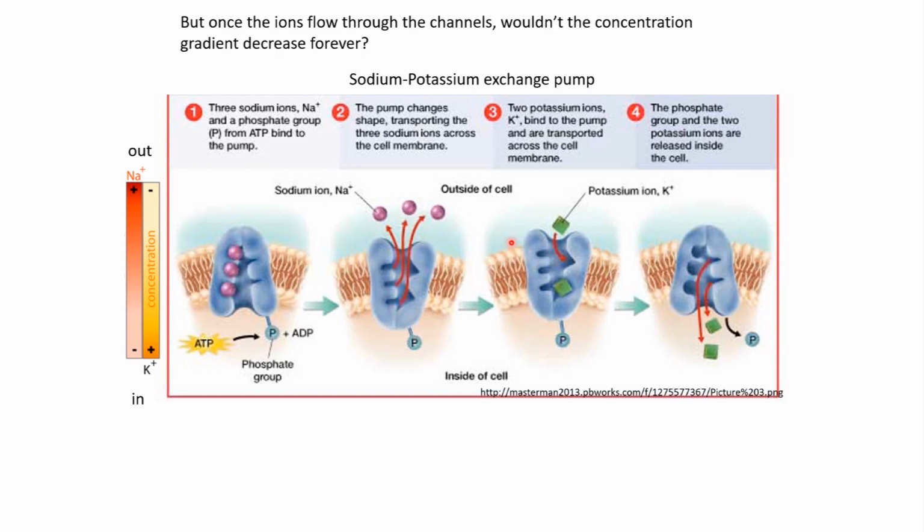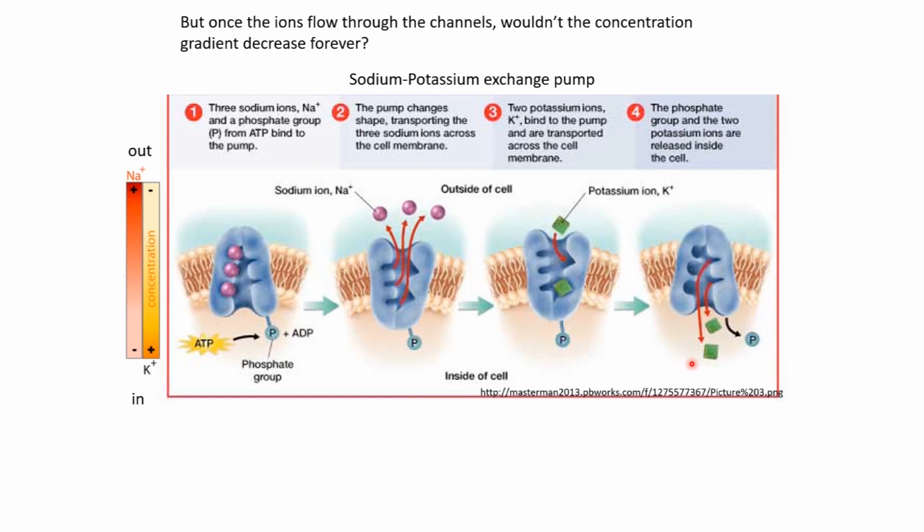And in this configuration, it can then bind to potassium ions, and then it folds inside again and pushes these potassium ions inside. So with the consumption of 1 ATP, the pump has thrown 3 sodium ions outside and brought 2 potassium ions inside. And that is how it helps in maintaining both the sodium gradient as well as the potassium gradient.